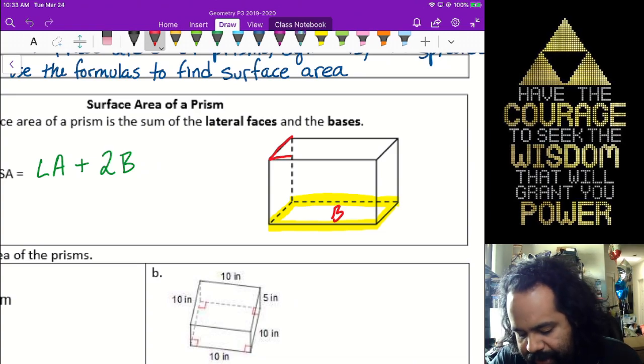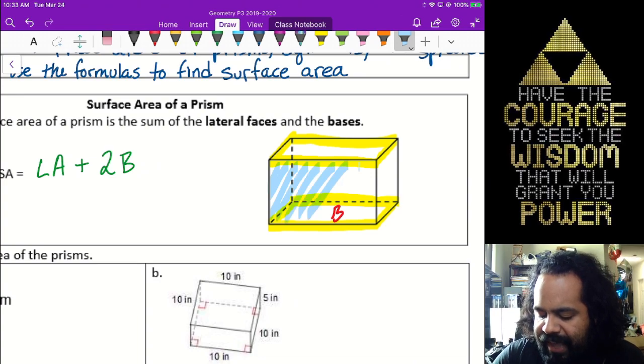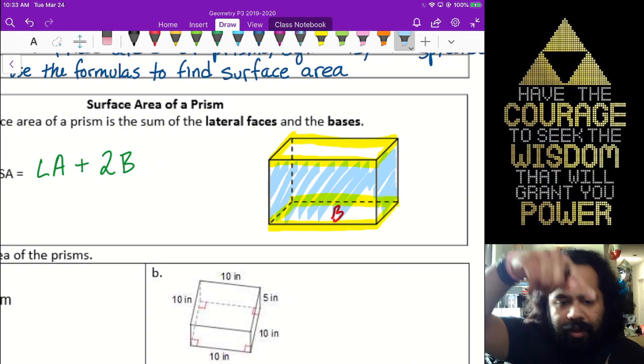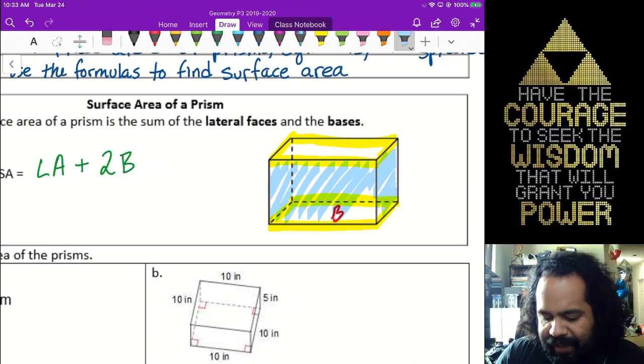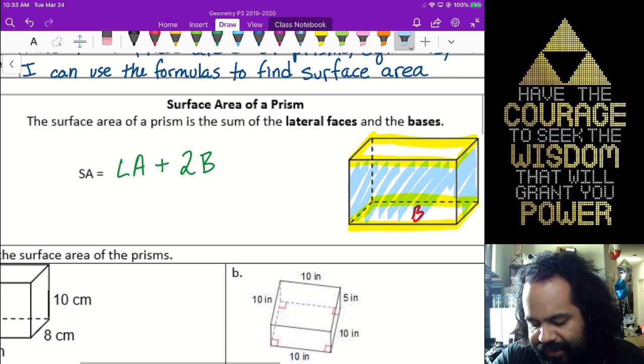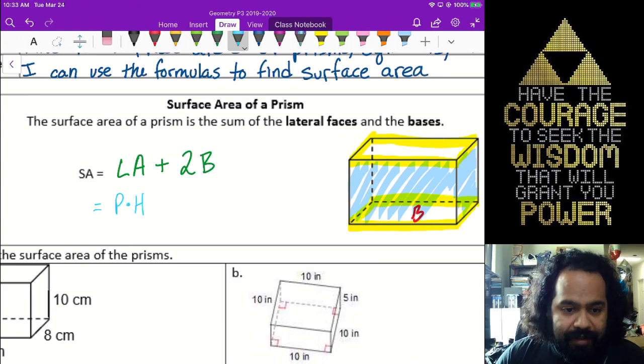So this is the top and this is the bottom, those are your 2 bases. That means your lateral area is the sides of your figure, and they wrap all the way around. An easy way to simplify that is the perimeter of my base times the height of the solid. I'm going to use a capital H for the height of the solid.